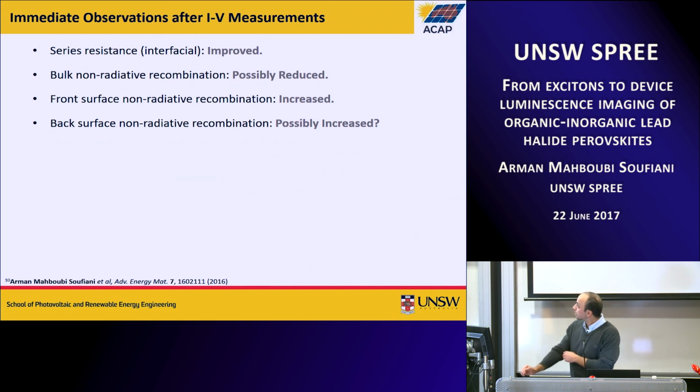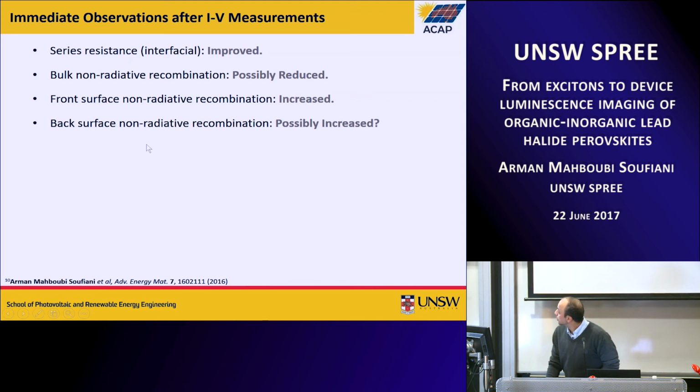And now, so far, the immediate observations after prolonged illumination are the improved series resistance. By this, I mean reduced series resistance in the region which was illuminated. The bulk non-additive recombination is possibly reduced. I showed you in the bilayer of the perovskite and the spiro.